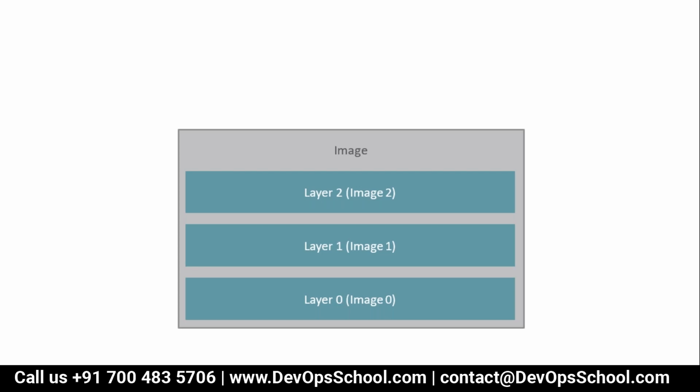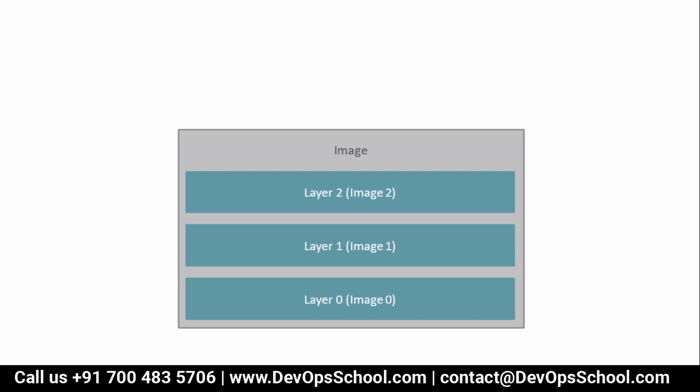Now see here, all these layers come together and form one image. If you look very carefully, there is a layer 0, layer 1, layer 2. From layer 0 you can create one image which will have only one layer.